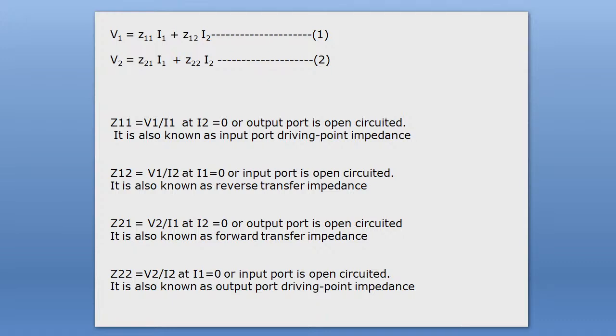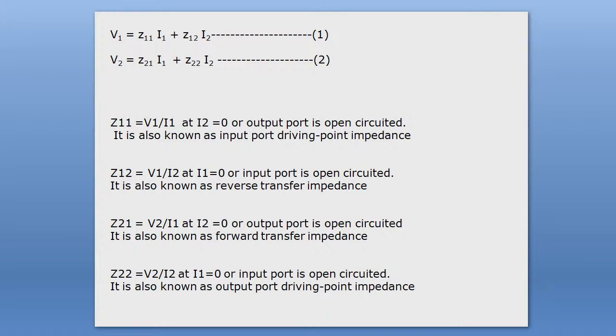I1 is actually the input side current, that's why forward, it goes towards outside, and output current I2, if we consider it as feedback, then we can write V1 by I2, that means reverse case.